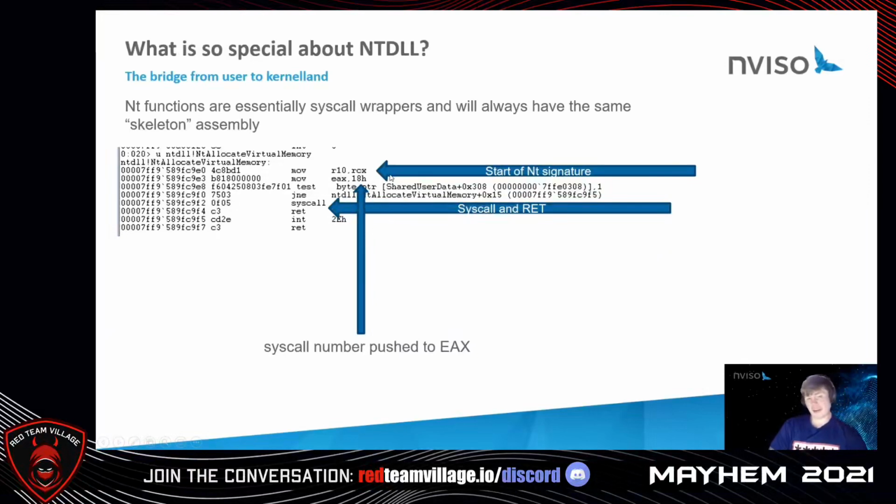But this is where it gets interesting, because these syscall numbers are not the same on all operating system versions. In this case, it's Windows 10, where NtAllocateVirtualMemory is 18h, which stands for 18 hexadecimal. But on Windows XP, for example, it could be a completely different hex value.